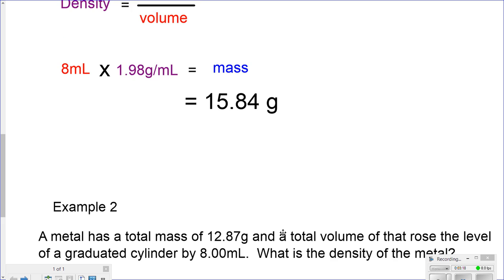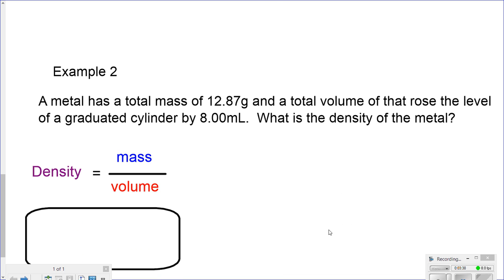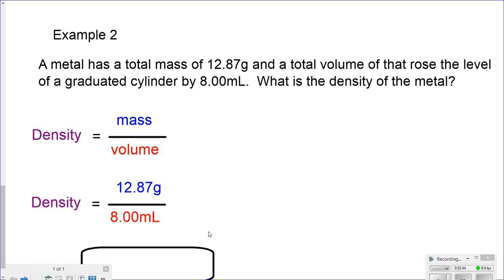Another sample. Sample 2: a metal has a total mass of 12.87 grams and a total volume of 8 milliliters, because when placed in a cylinder, the water level rose by 8 milliliters. What is the density of the metal? Density equals mass over volume. This is a straight-out equation.